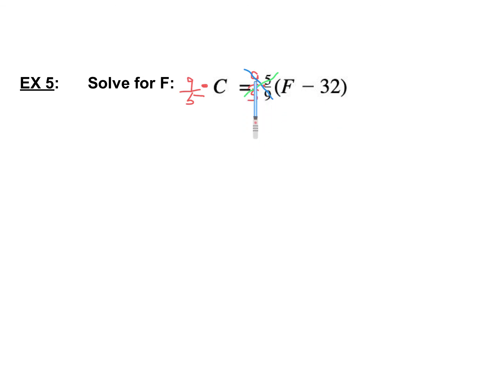You just multiply it here, and then these are going to cancel. You're left with that 1. And so now I have on the right side of my equals f minus 32, I'm dropping the parentheses because there's a 1 in front. And then on the left-hand side, I have a 9/5 c, or you can write 9c over 5.